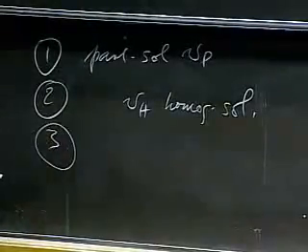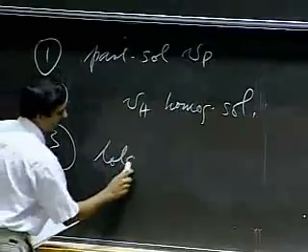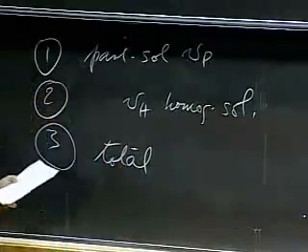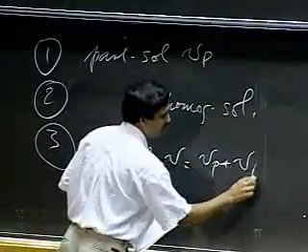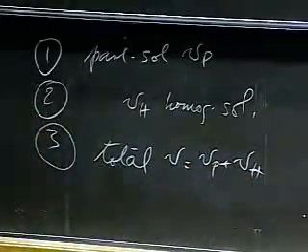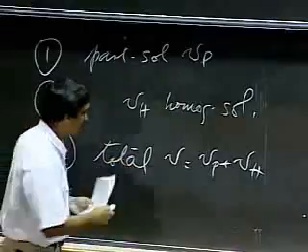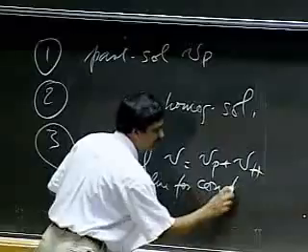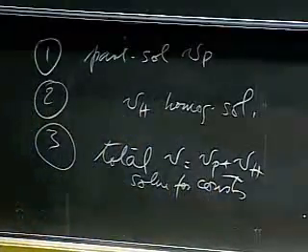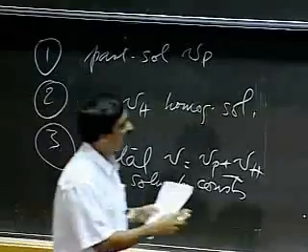As a third step, we are going to find the total solution as the sum, V is simply the particular plus the homogeneous solution, and then solve for constants based on the initial conditions and the applied voltage. So let's write down initial conditions.